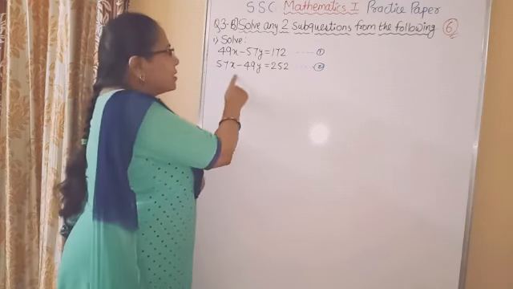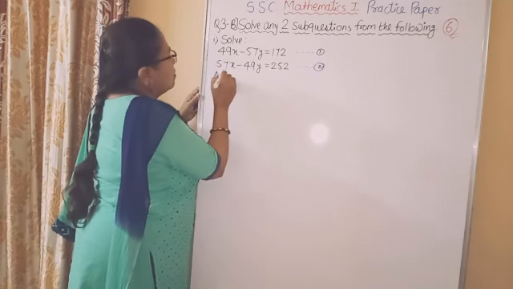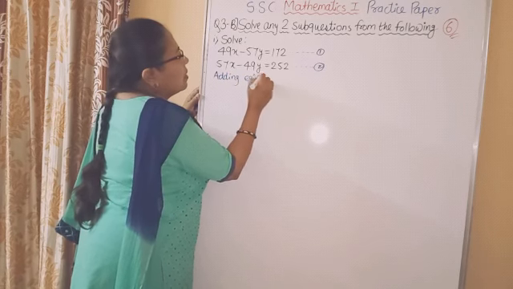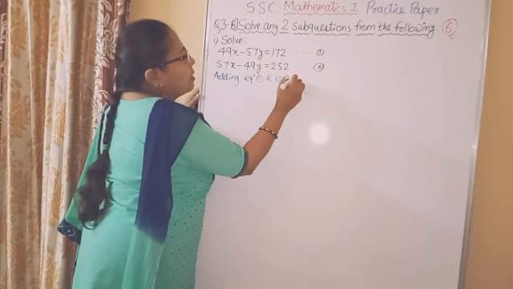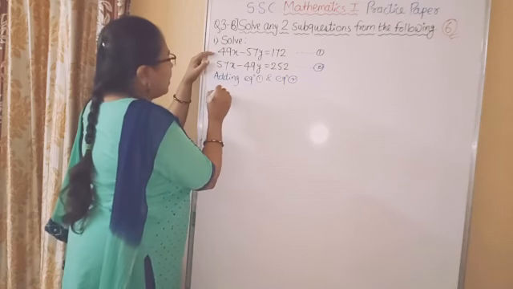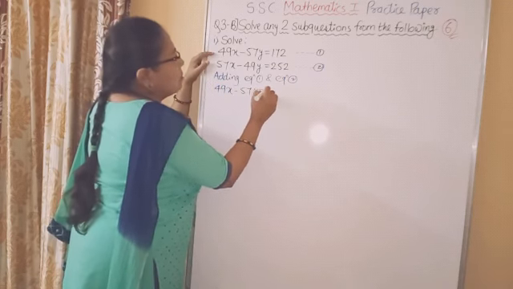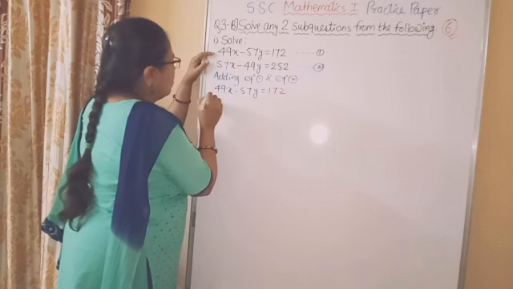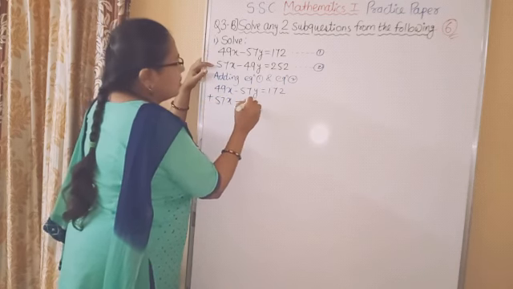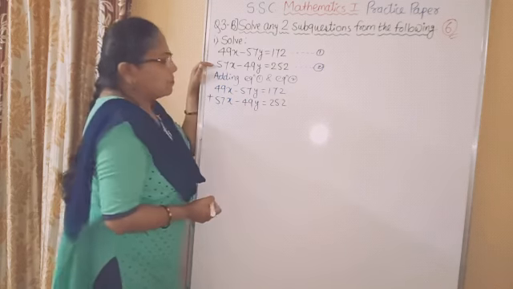Okay. So let us add these 2 equations. So write, adding equation 1 and equation 2. So 49x minus 57y equal to 172 plus 57x minus 49y equal to 252.